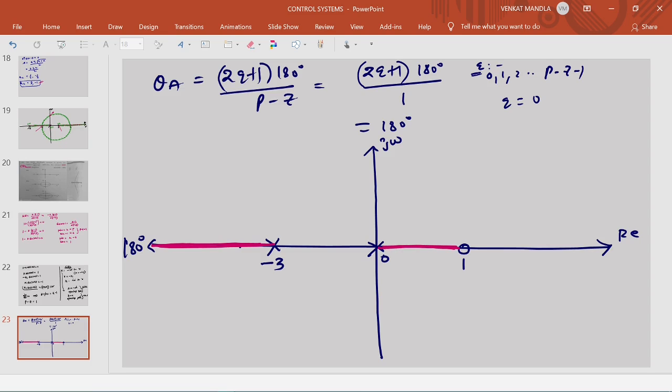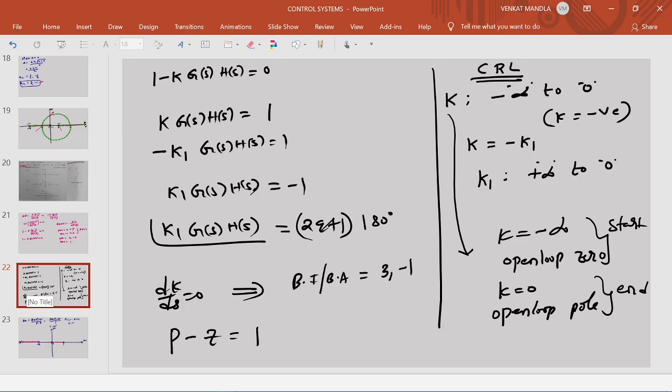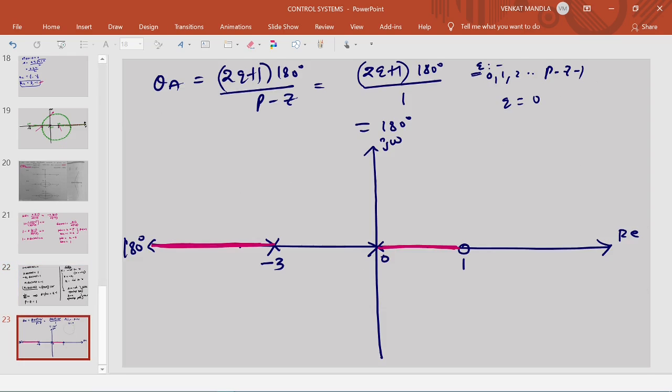And break-in breakaway points, we will check whether they are valid or not. Here we got break-in 3 and -1, so somewhere here 3 and somewhere here -1. They are not lying on complementary root locus, so they are not valid break-in breakaway points.